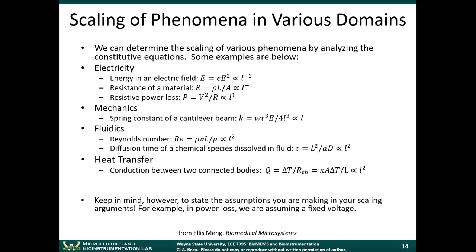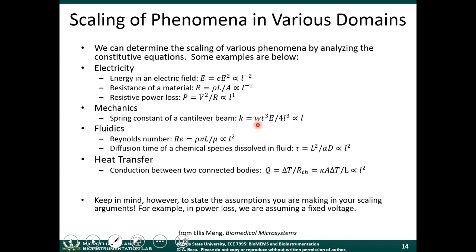If we look at where that comes from, W is the width of the beam, T is the thickness of the beam, E is Young's modulus, which is a constant, and then in the denominator, you have 4 and then L cubed. So in the numerator, it's L to the 4th, because width is length, and thickness is also length. L to the 4th divided by L cubed, so it scales as L.